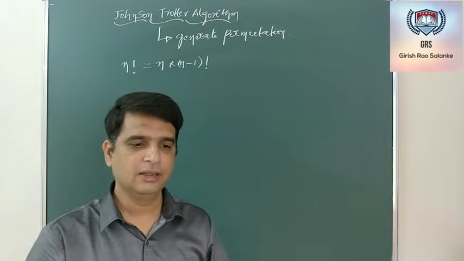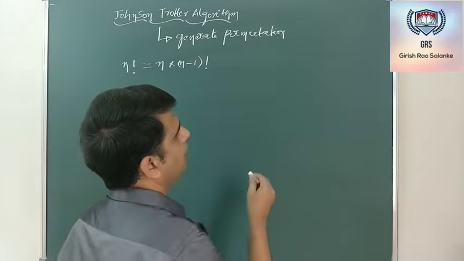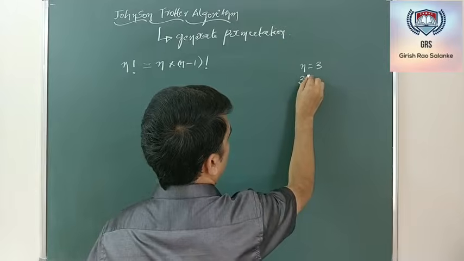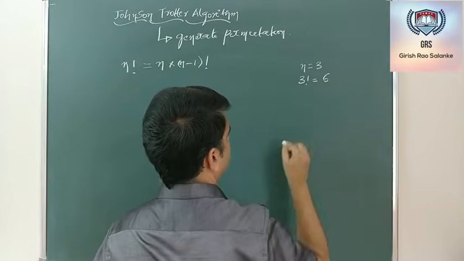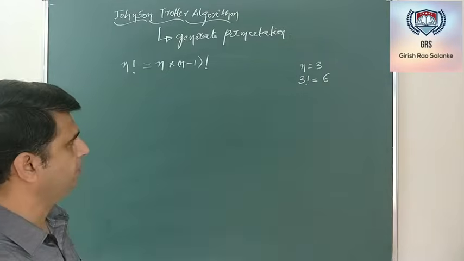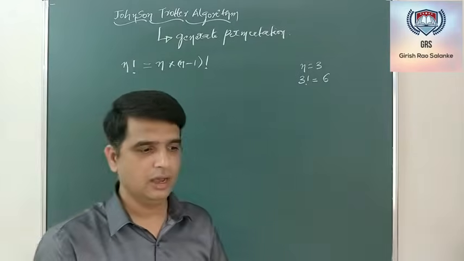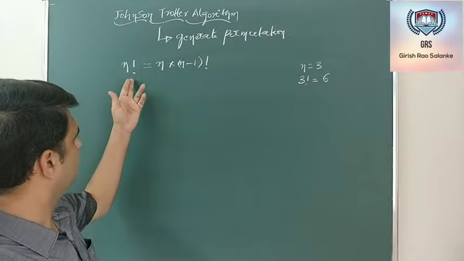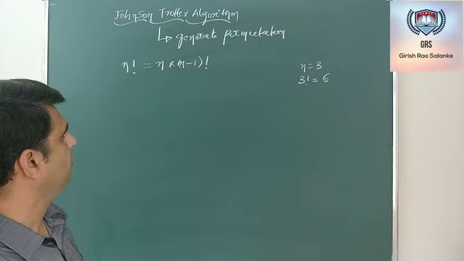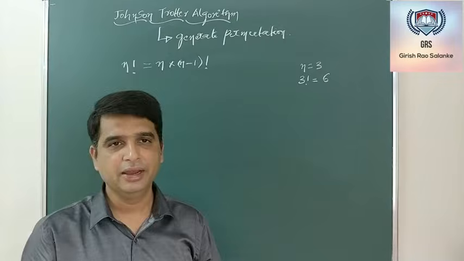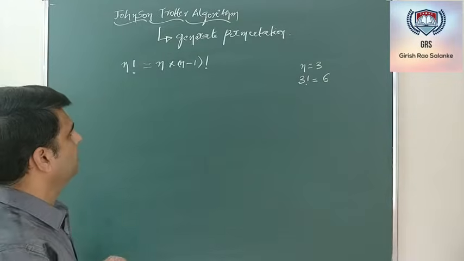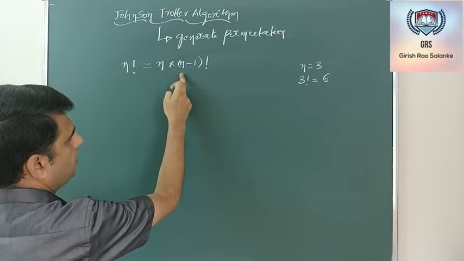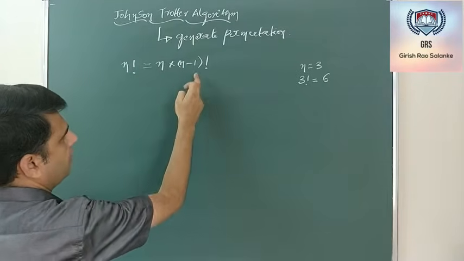In the sense, say for example, let me take my n value as 3. Now, what is the value of 3 factorial? We know that 3 factorial is 6. We can generate 6 different permutations with the help of 3 objects. Now, coming to this equation, that is n factorial is equal to n into n minus 1 factorial, you can make out that in order to solve a problem of size n, I need to find the solution for the smaller instance of the problem, n minus 1.